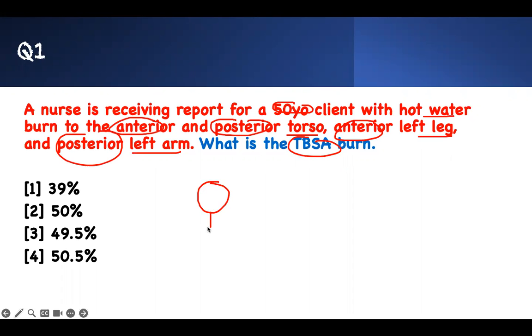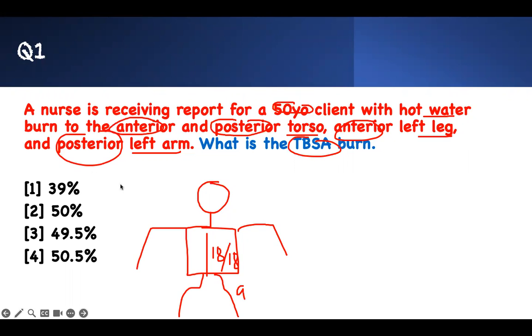Then you draw your patient in the box form, okay? And you say to yourself, anterior torso, the whole front, 18. Posterior torso, another 18. You have to know the percentages. Anterior left leg, the whole front portion of the left leg, that's 9.